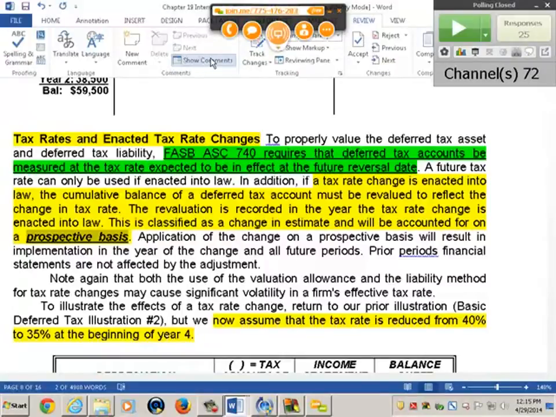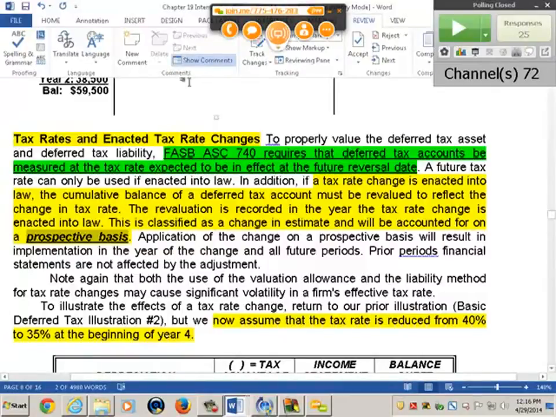Under IFRS, if their parliament or their legislative body passes a tax change, even if the prime minister doesn't sign off on it, it's still going to be used for accounting purposes. And again, this could overlap accounting periods. So under U.S. GAAP, it has to be enacted. A small point, but it could become significant depending on the timing of the actual tax law.